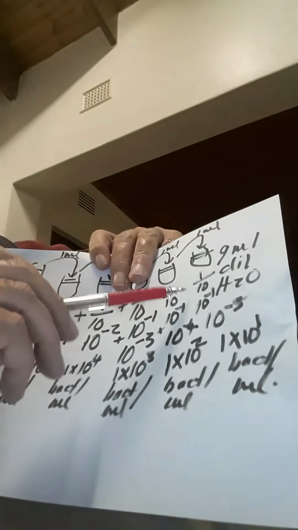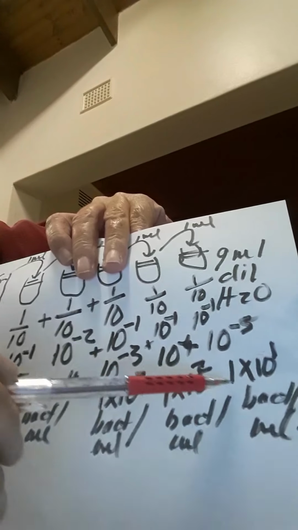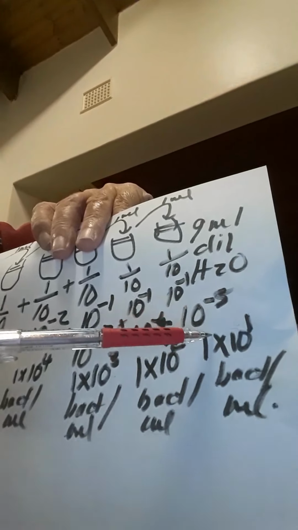Yes, on that petri dish, I am capable of counting 100 colonies. Now I'm going to my last plate, and if this one is giving 100, then this one must give us 10 colonies. You see there, they give us 10 colonies.